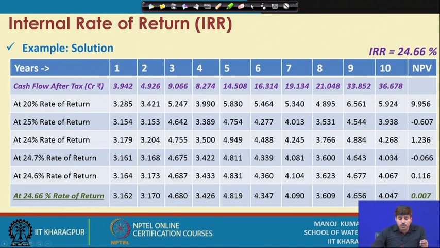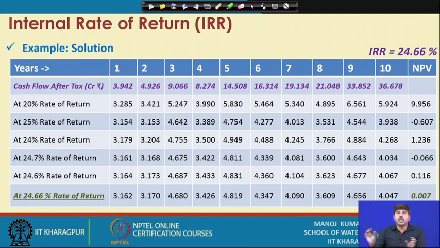So, what we will do is again make trial and errors. We will consider different rates of return and try to get the discounted cash flow, and see if the sum of that discounted cash flow is getting close to the initial investment.